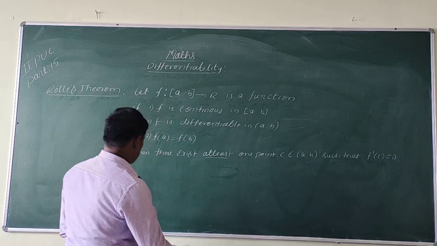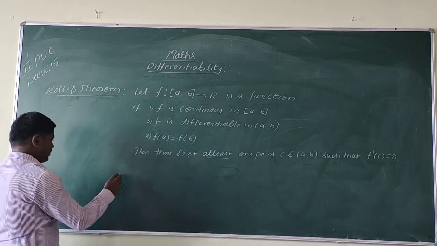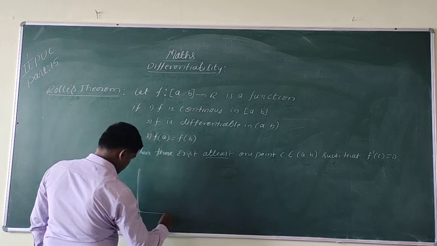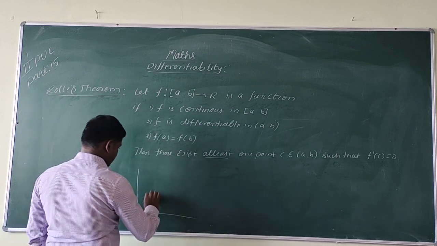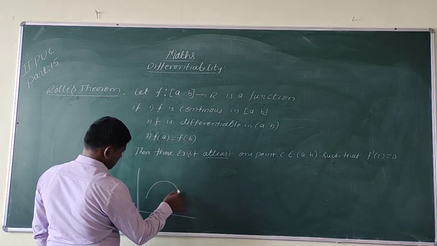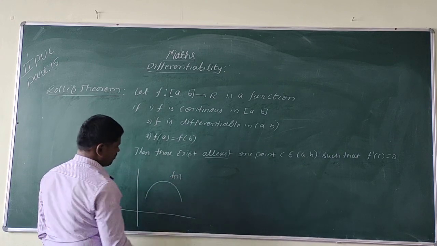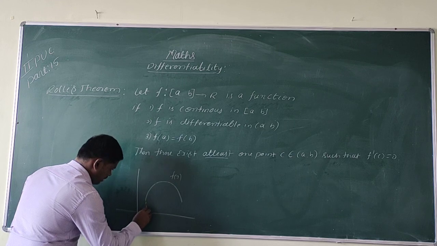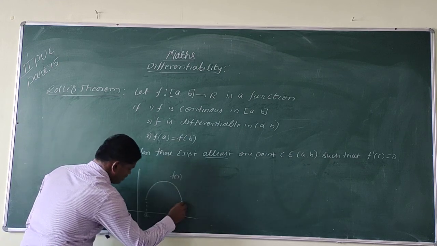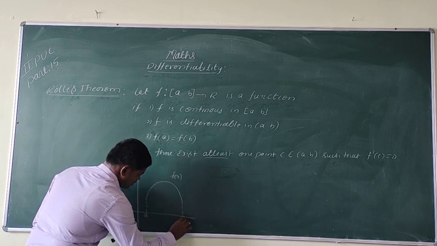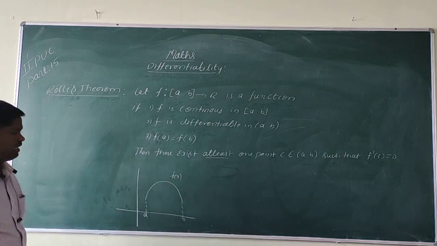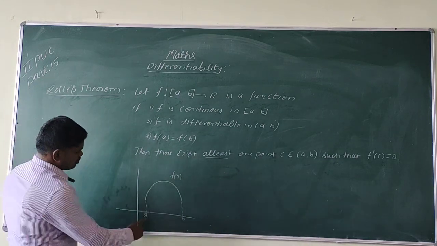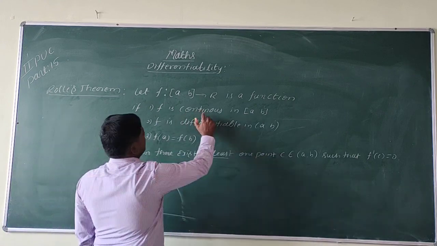Now the geometrical meaning. See here, suppose this is the curve, the function f(x). This is the point A, and this is B. From A to B, in the closed interval [a, b], it is continuous.